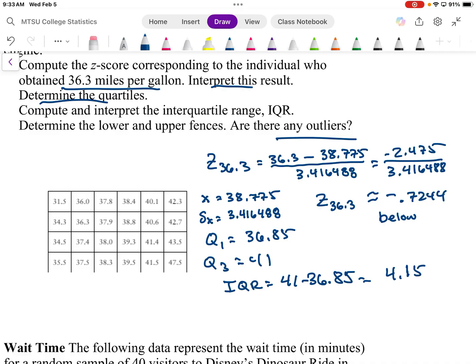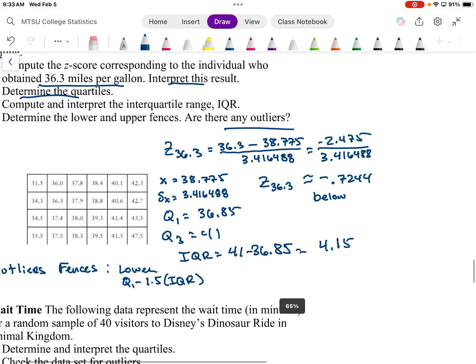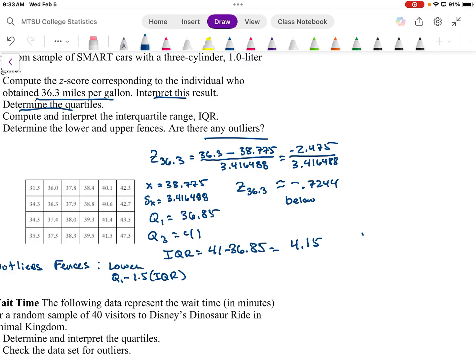So that's my IQR. Now as I go to figure out outliers, I have to find my fences. My lower fence is technically Q1 minus 1.5 times the IQR. So off to the side here, what is 1.5 times the IQR?